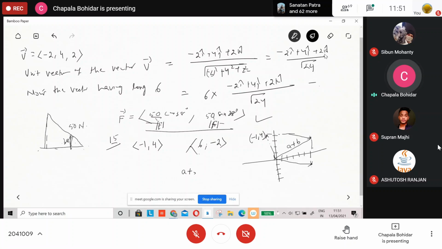Say it is A, say it is B. 6 minus 2. A plus B. Here it is moving.